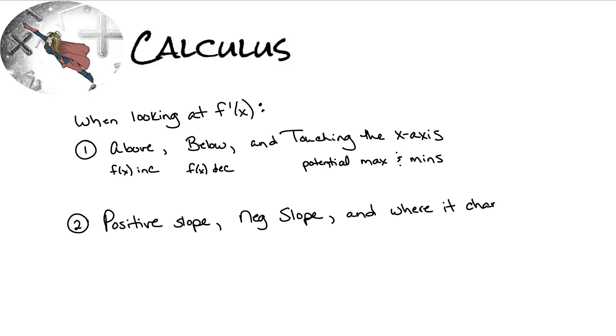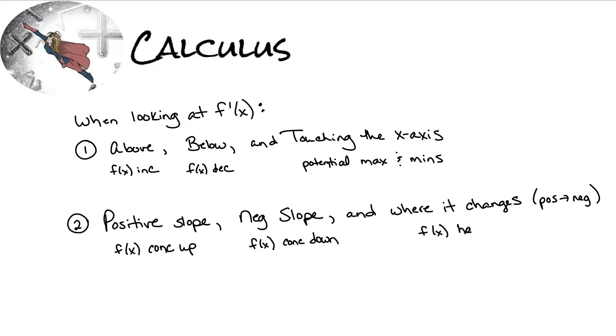I'll say where it changes, like positive to negative, or vice versa. All right, because a positive slope on f prime is telling you f of x is concave up. Negative slope, f of x is concave down. And where it changes, that's telling you where f of x has inflection points.